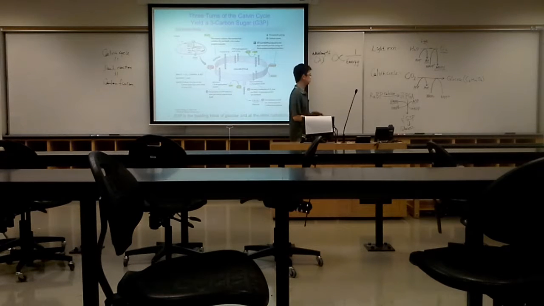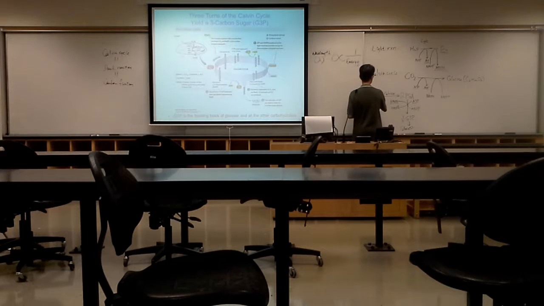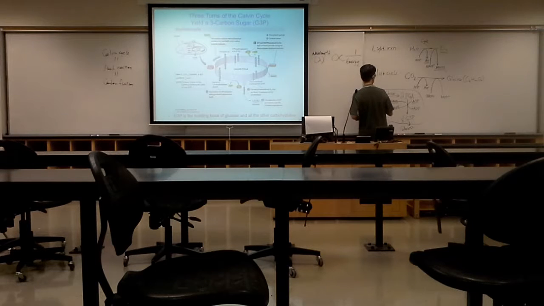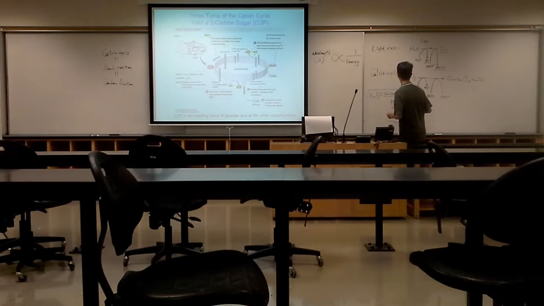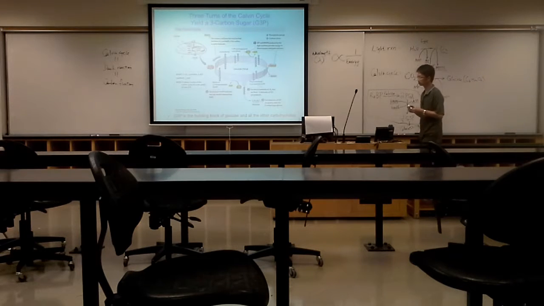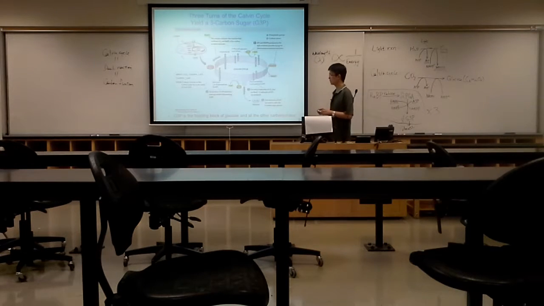So you need to do this 3 times in order to make glucose molecules. You need to do this 3 times in order to have a complete G3P, and then you can make glucose.